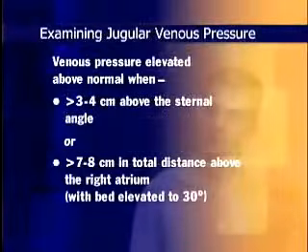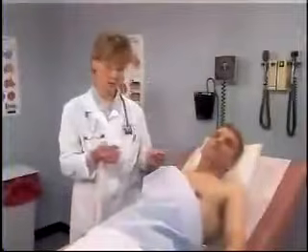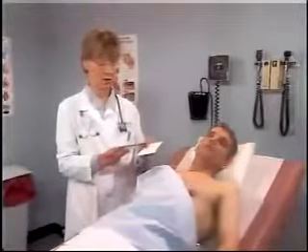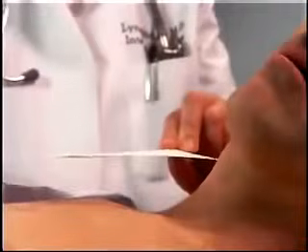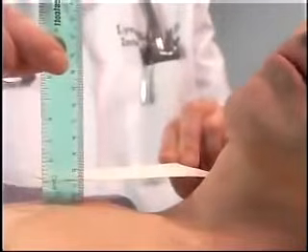Venous pressure is elevated above normal when it measures greater than 3 to 4 centimeters above the sternal angle, or more than 7 to 8 centimeters in total distance above the right atrium, with the bed elevated to 30 degrees. The steps for measuring the JVP, when followed carefully, result in a measurement that is important for assessing the intravascular volume status in euvolemic, hypervolemic, or hypovolemic patients.